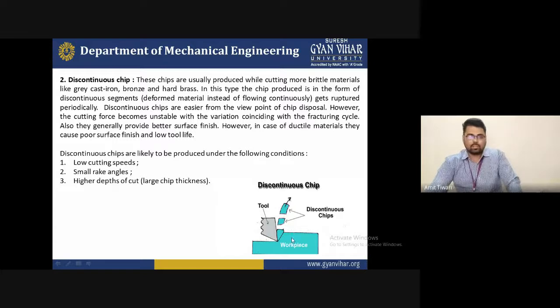It is a wastage of workpiece and a time-consuming parameter set. So to prevent this type of problem, we require a high cutting speed, a high rake angle, and a smaller depth of cut.